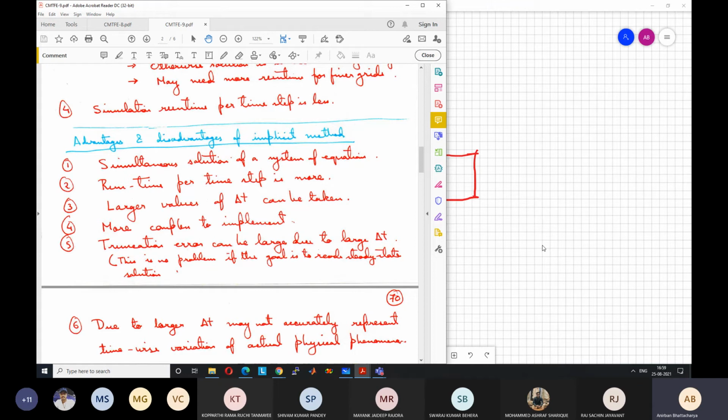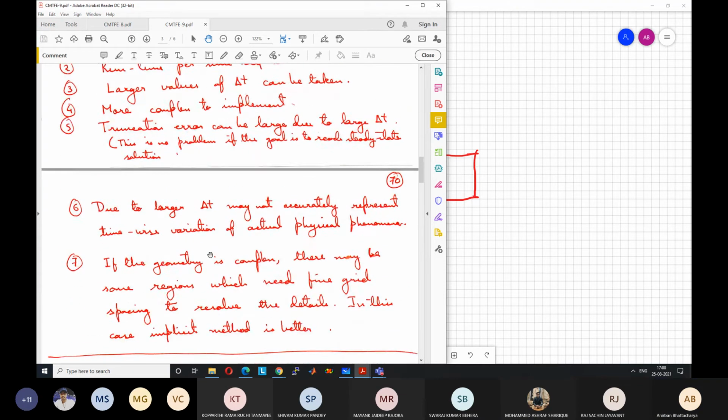We will reach the correct solution within a margin of error, but that error will be larger. Okay, so this is one drawback of, although we can use larger delta t, it is only a drawback if you need very accurate solutions. Otherwise, it's not a big deal. Okay, and for steady state calculation, this is no problem.